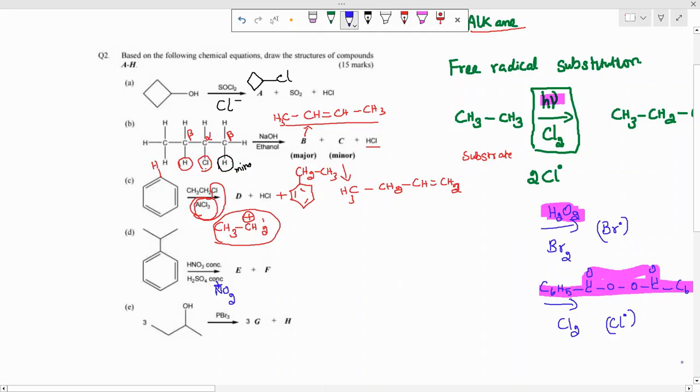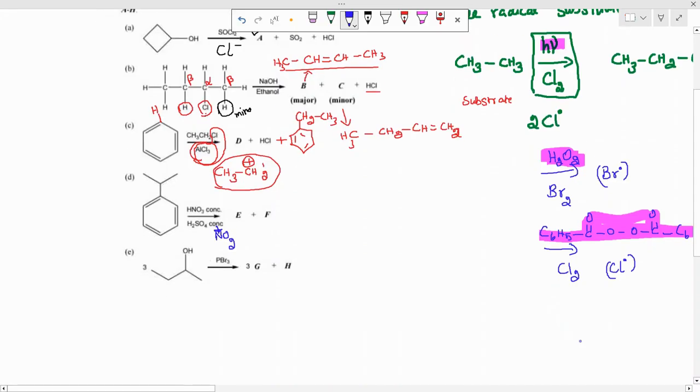So I will tell you some compounds. If one substituent is already there in the benzene ring, then this substituent determines whether the electrophile should be added at the ortho and para position, or the meta position. So in this benzene ring, these two are ortho, these two are meta, and this is para with respect to this substituent.